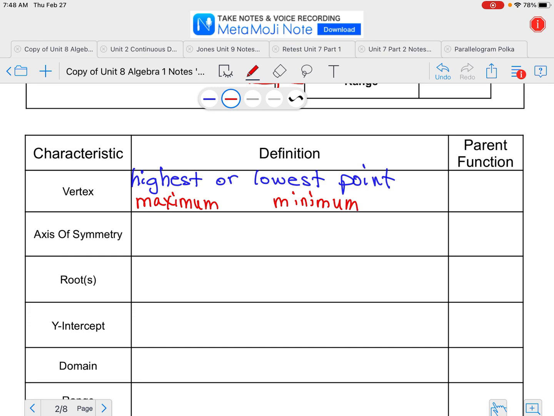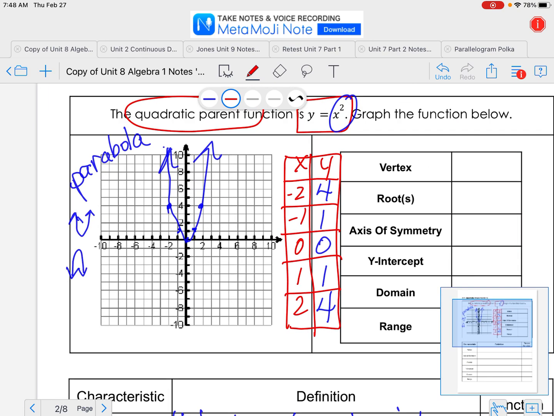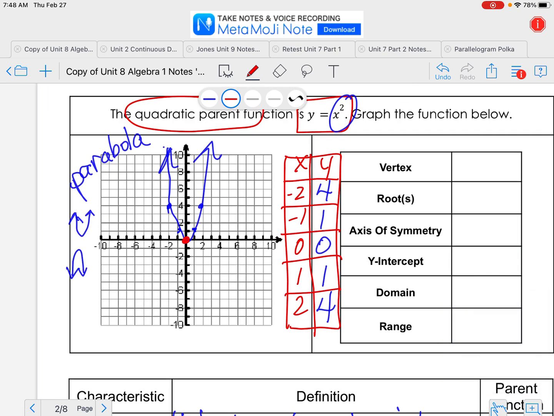On the parent function, the vertex is a minimum, and it is the point 0, 0. That's an important point because you have this axis of symmetry.